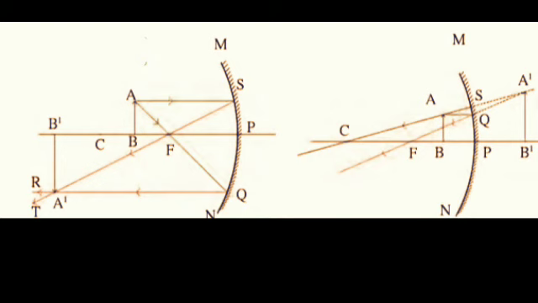The incident ray AS, parallel to the axis, after reflection passes through the focus and returns along the path ST. It cuts the reflected ray QR at point A'.